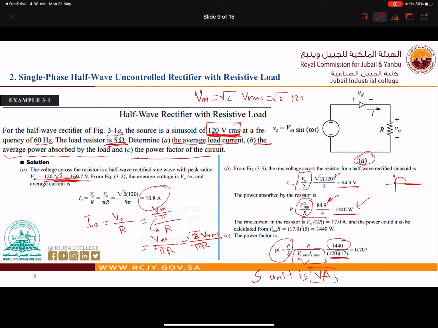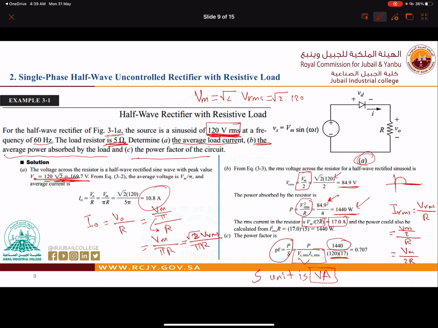17 is from Ohm's law. The RMS current is basically V RMS divided by R, and V RMS is equal to V maximum divided by root 2, so I RMS is V maximum divided by root 2 R. Okay, so this is how to get 17 ampere.